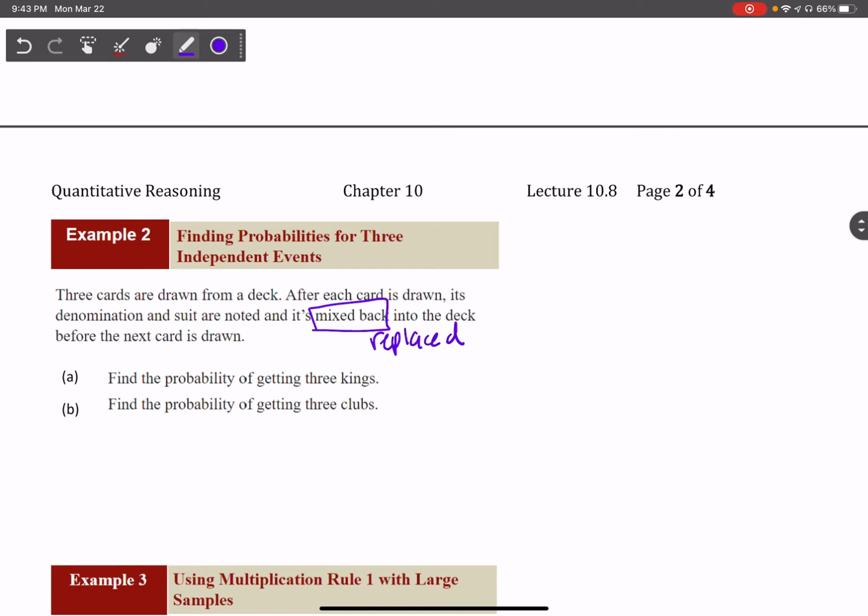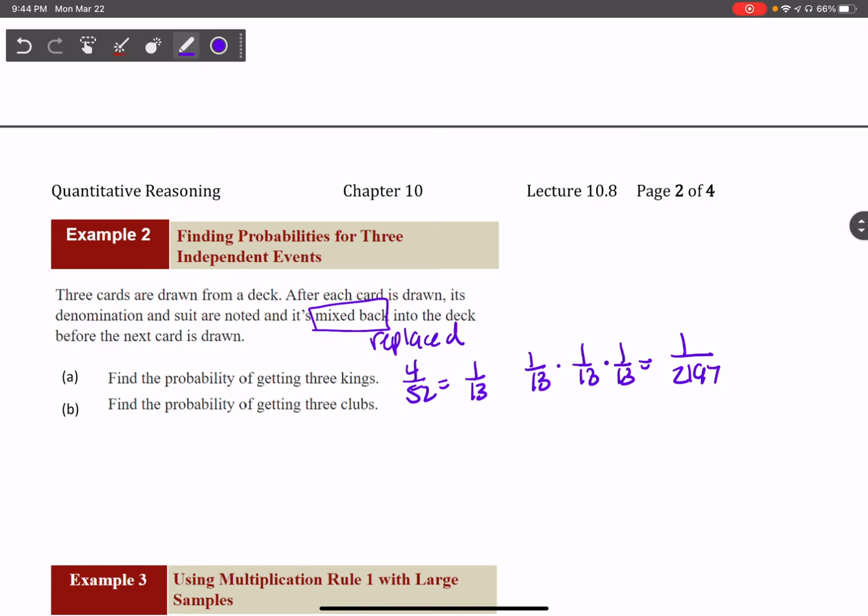Okay. What's the probability of getting a king? There are 4 kings, so the probability of getting a king will be 4 out of 52, which reduces down to 1/13. So we're really looking at 1/13 times 1/13 times 1/13. We can multiply those out and we get 1 out of 2197.